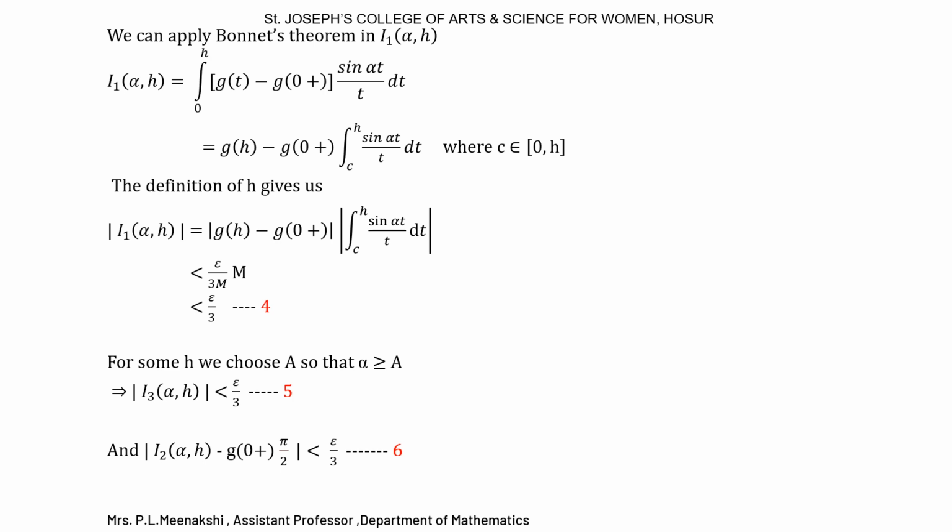Taking modulus on both sides, the modulus of I1(α, h) is the modulus of g(h) minus g(0+) times the modulus of the integral from c to h of sin(αt)/t dt. Applying the two bounds, this is less than ε/3m times m. Cancelling m, it is less than ε/3.